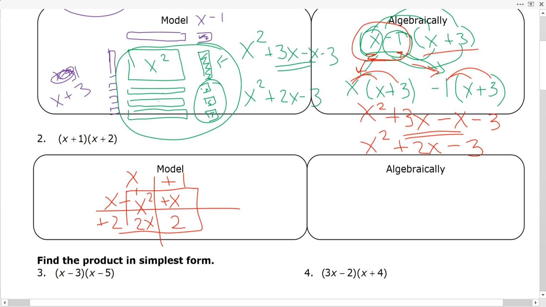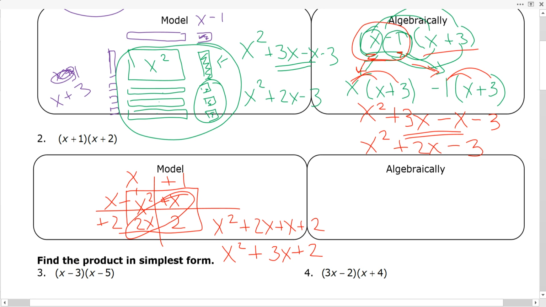So now I've got 4 terms in here. These guys are the same. So I have x squared plus 2x, I'll just write them all out, plus x plus 2, which gives me x squared plus 3x plus 2.